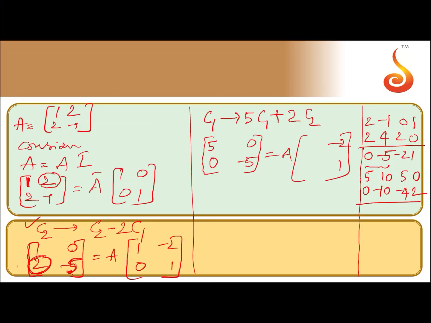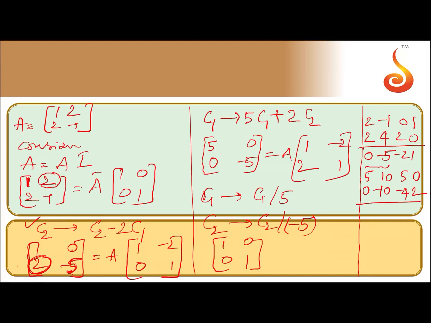And in this column, 5 minus 4 is 1, and 2. Clearly you can see that the first column C1 is divided by 5, and C2 is divided by minus 5, thereby resulting in this matrix as 1, 0, 0, 1.